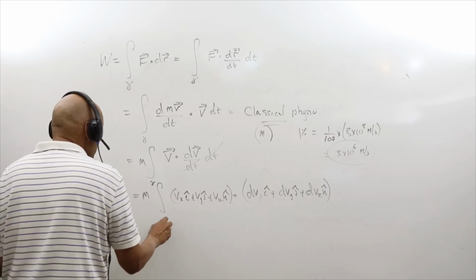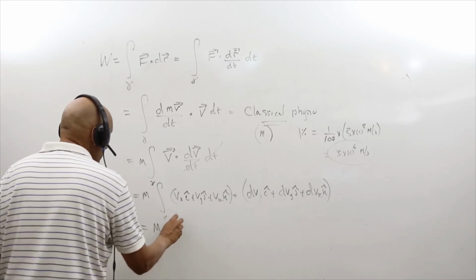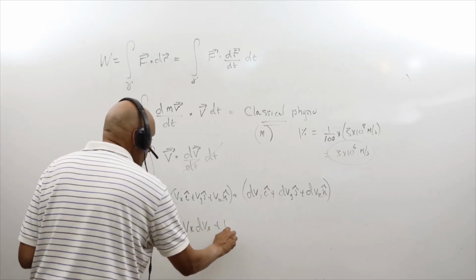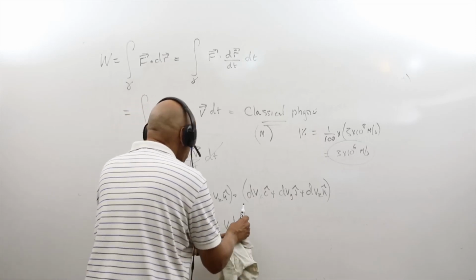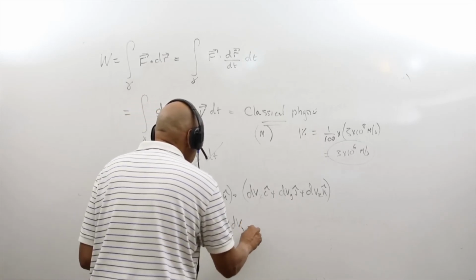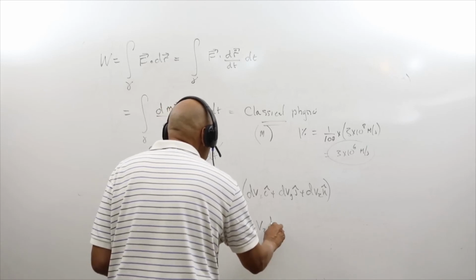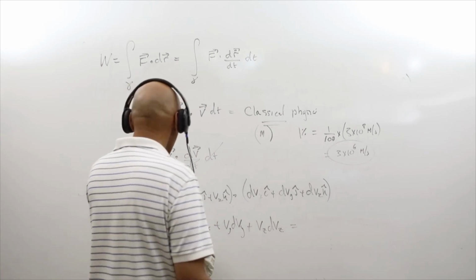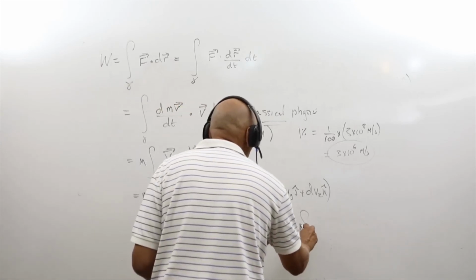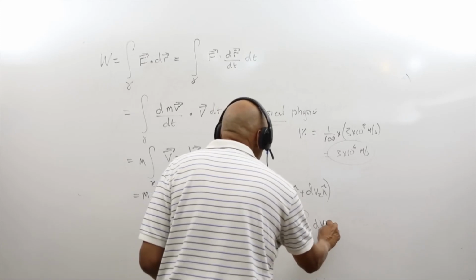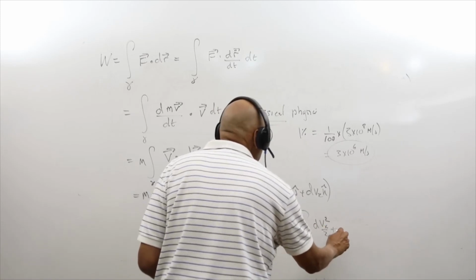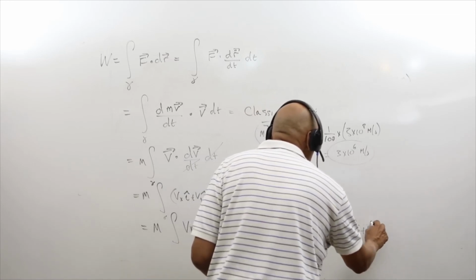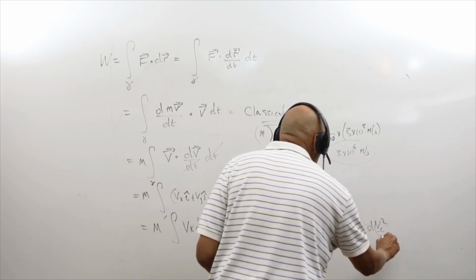So the dot product is now the integral of vx dvx plus vy dvy plus vz dvz. And that's equal to exactly the same as the path m gamma of d of vx squared over 2 plus d of vy squared over 2 plus the differential of vz squared over 2.